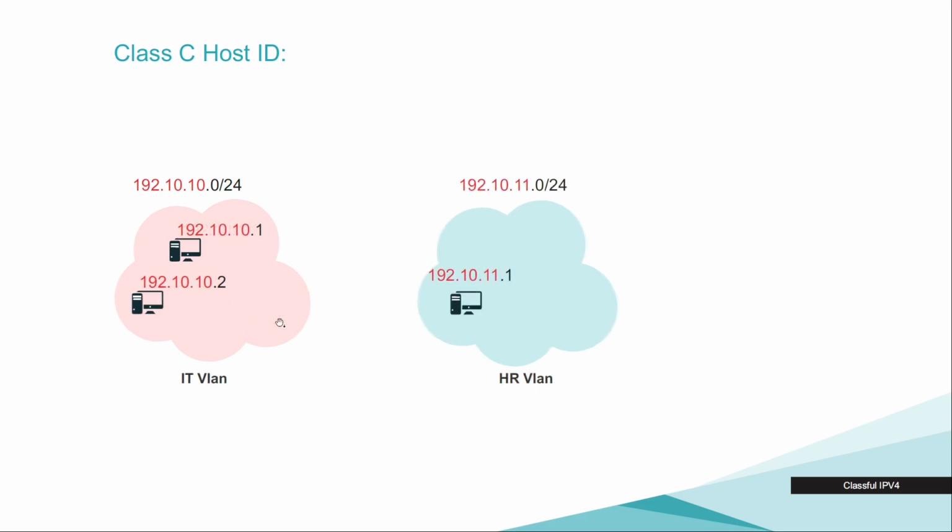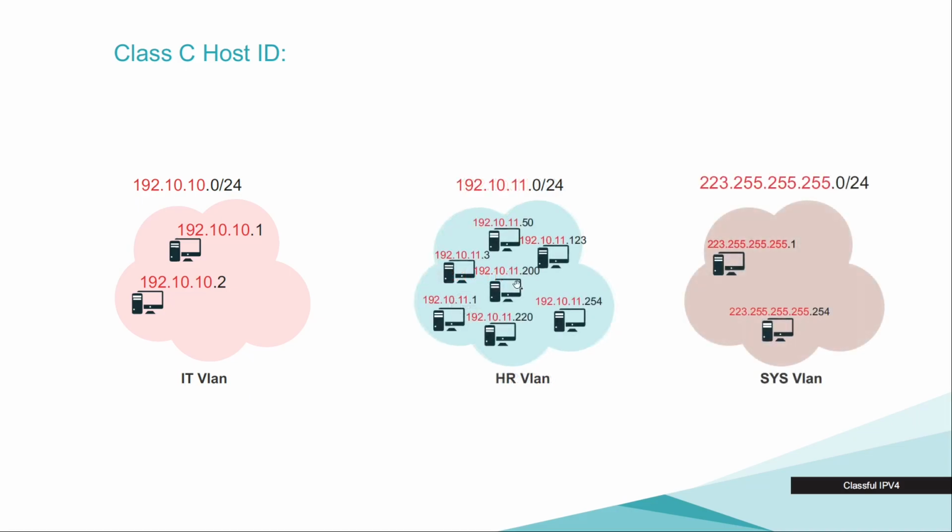So for HR, we assign the IP address 192.10.11.0/24. Inside the HR VLAN, we can find a device with the IP address 192.10.11.1. Inside the HR VLAN, we can find any IP address in the same range, and the last IP address should be 192.10.11.254.